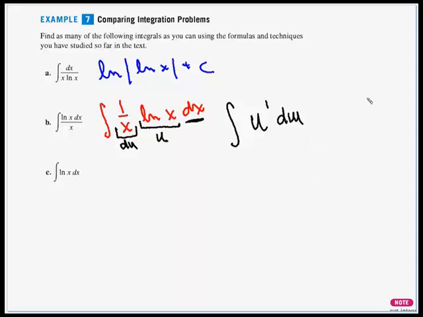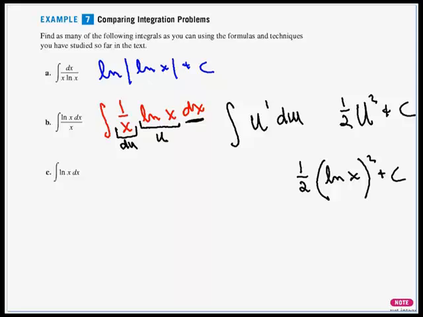And when we take the antiderivative, it's going to be u to the 2 power divided by that new power, or times a half. 1/2 u squared plus c. And then, of course, we replace our u back with our u sub, which was the ln of x. 1/2 the ln of x quantity squared plus c.